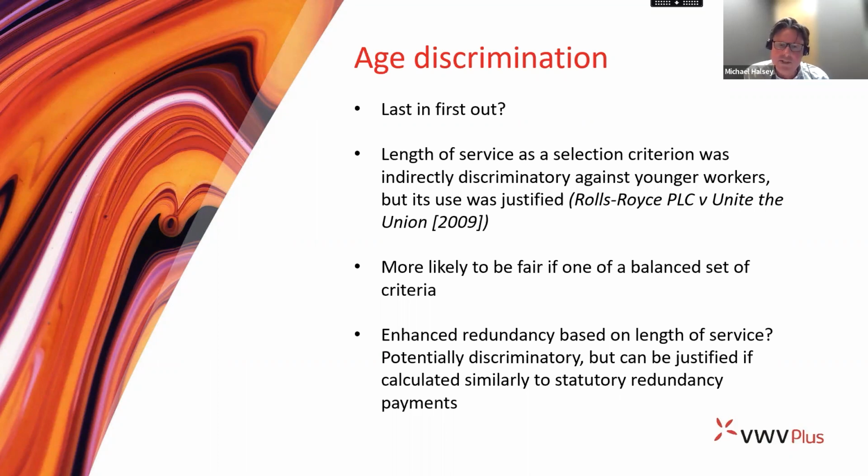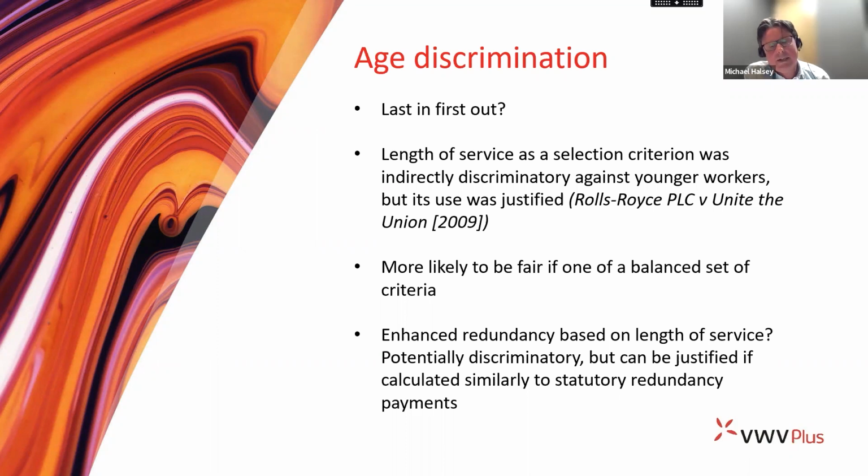I think the general principle is that if you use last in, first out as the only criteria that you're applying in selecting individuals, that's going to be indirectly age discriminatory, and it's not going to be possible for you to justify that in, I would say, nearly all of the cases.